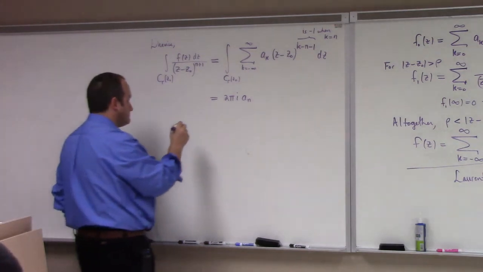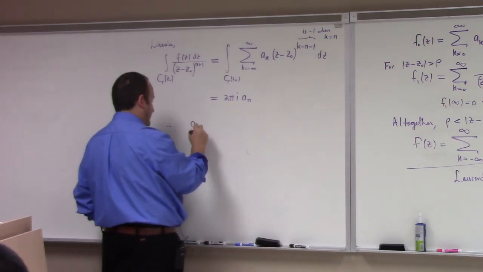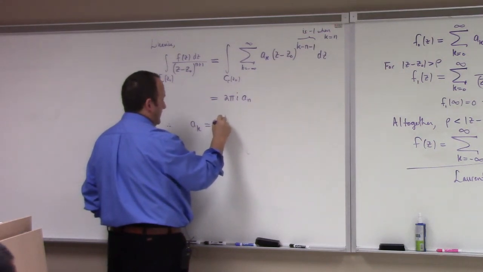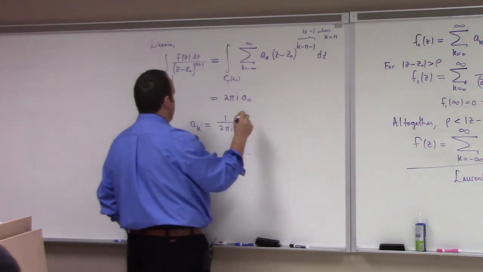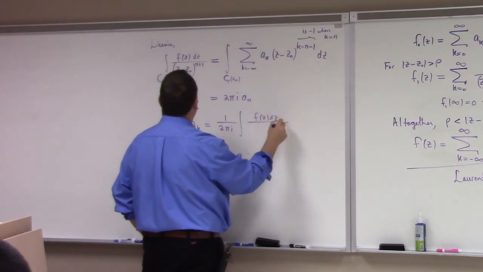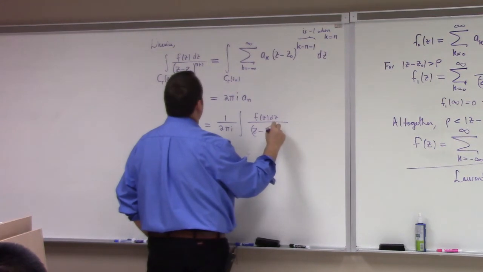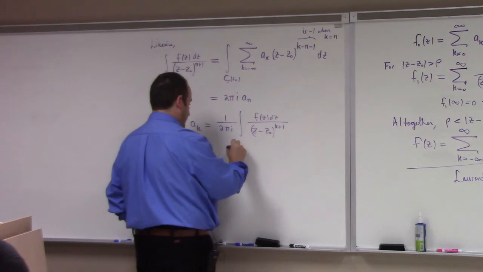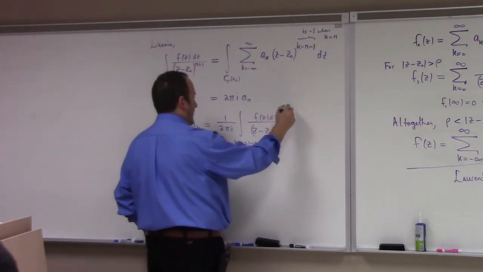And so therefore, a sub n, or if you like, a sub k, is going to be equal to what? Well, 1 over 2 pi i integral of f of z dz over z minus z naught to the k plus 1. And that, of course, is for the circle of radius r.